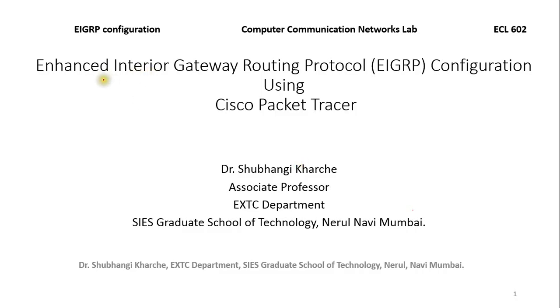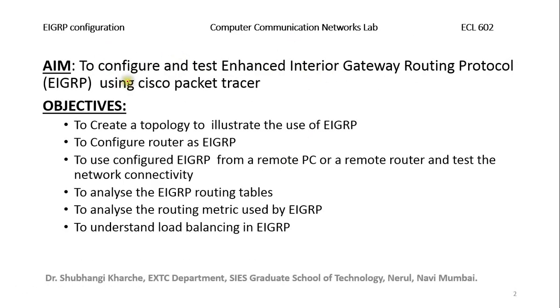Hello everyone, in this video you are going to understand the Enhanced Interior Gateway Routing Protocol configuration using Cisco Packet Tracer. The aim is to configure and test Enhanced Interior Gateway Routing Protocol using Cisco Packet Tracer.